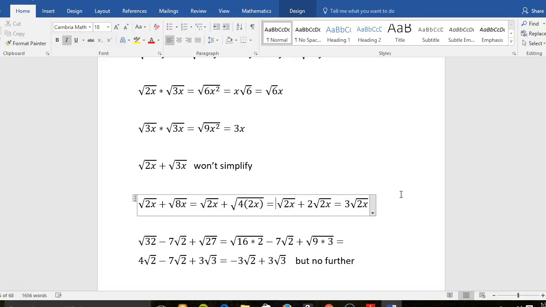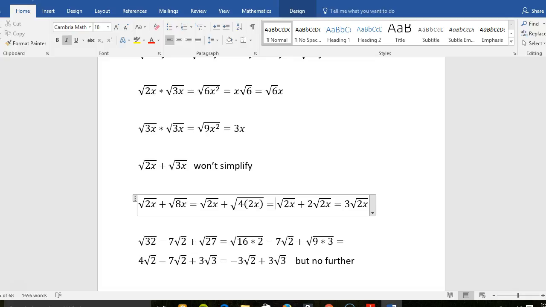Notice now, guys, these are like terms. 1 times whatever plus 2 times that same whatever is just 3 times that whatever. 1 times gobbledygook plus 2 times gobbledygook equals 3 times gobbledygook. I'm just using bad English here.